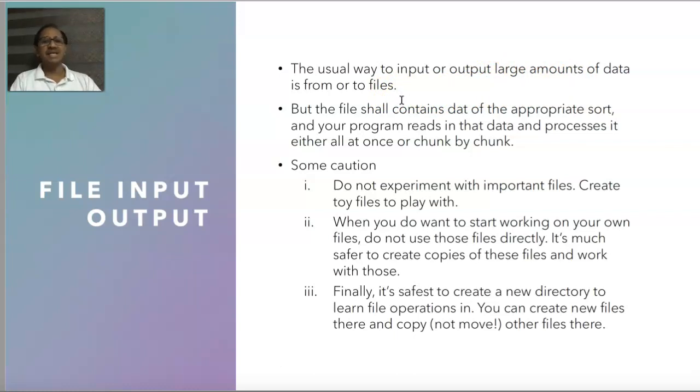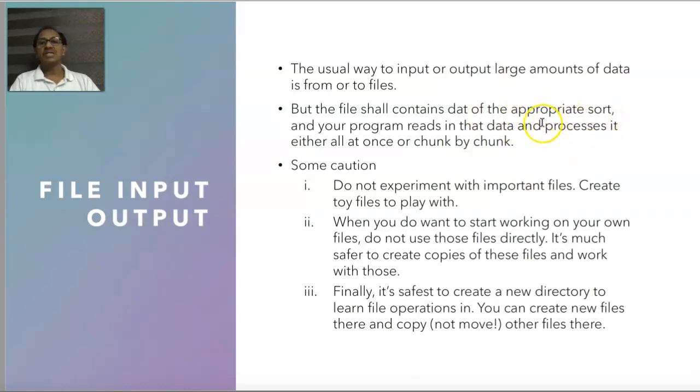The basic idea is that your program is written to respond to any amount of data. The file contains data of the appropriate sort, and your program reads in that data and processes it either all at once or chunk by chunk as you desire, right?